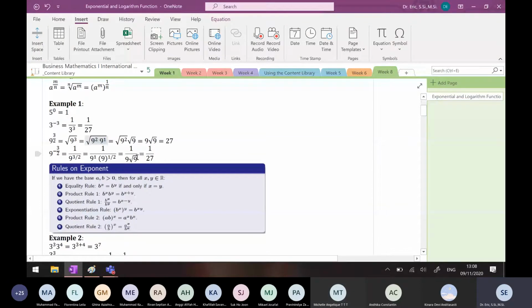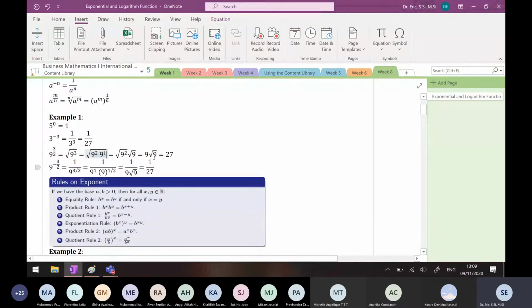So I have 9 times 3 is 27, and 1 over 27. Or you can do it directly: 1 divided by 9 to the power of 3 over 2 is 1 divided by 27.